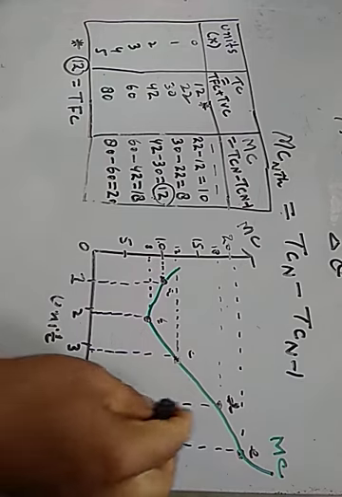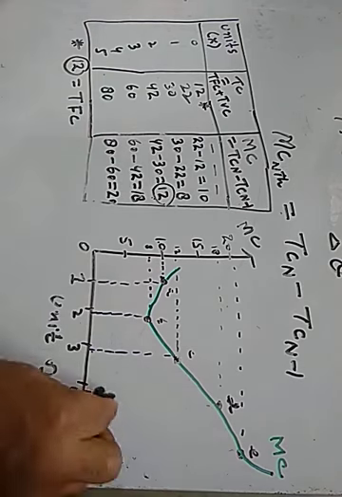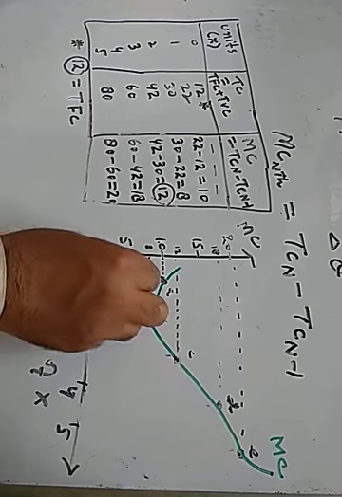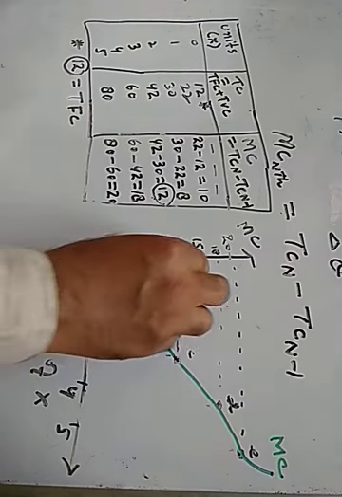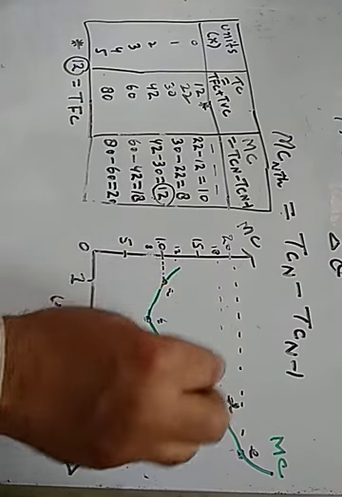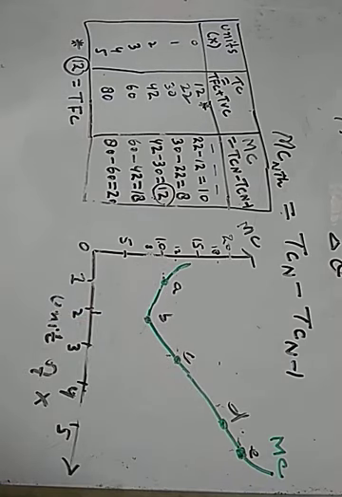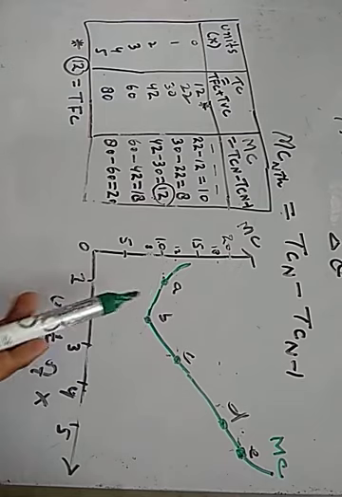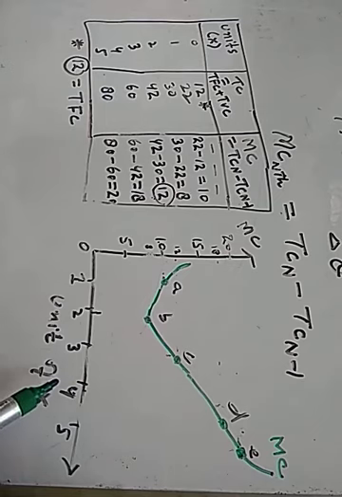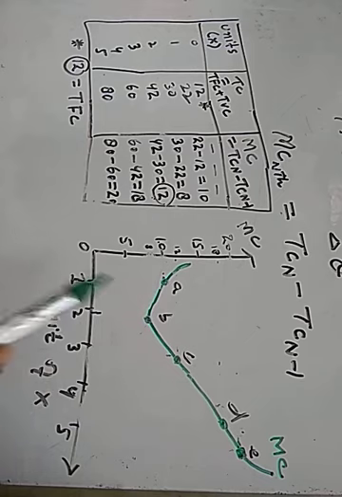Now we can rub these dotted lines because these were drawn to make it simple. This is the final shape of the marginal cost curve, which is the locus of points showing different values of marginal cost at different levels of output.